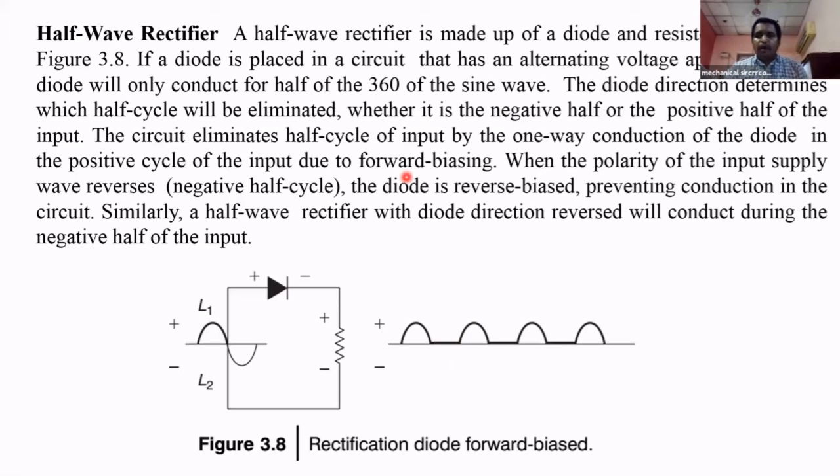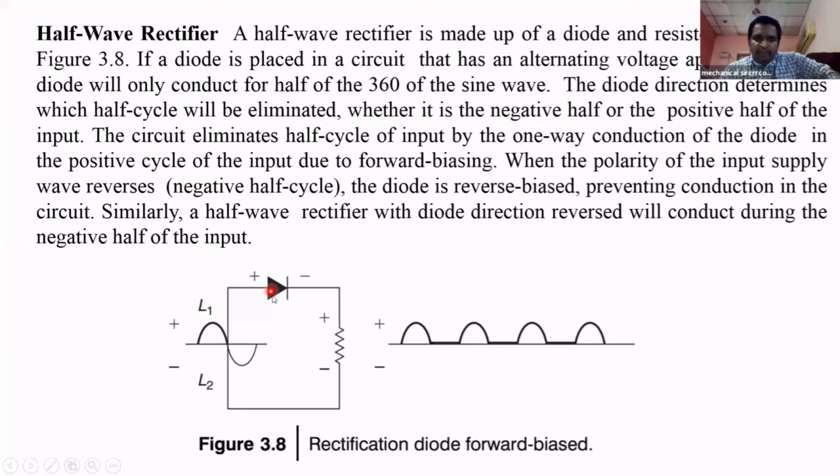How is it possible? Just by using a diode, we can convert the AC current into DC current. See this. This is the rectification circuit. It consists of a diode and a resistor, and this circuit is connected to AC. Now see this.